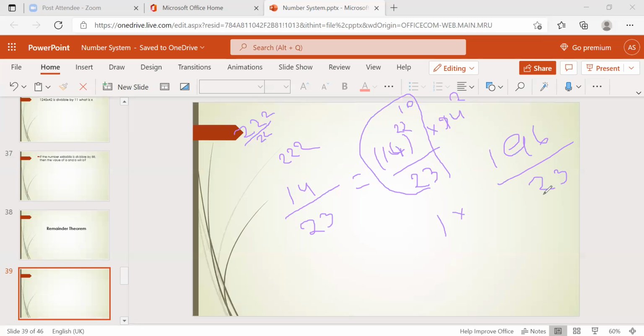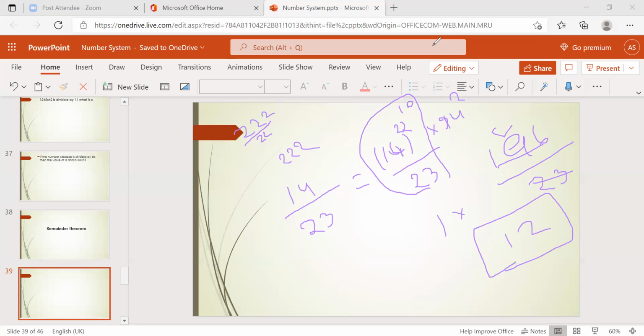So 23 8s are 184. So the remainder will be 6 and 6, 12. Right? So 12 is the remainder.